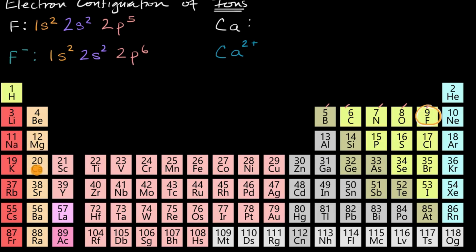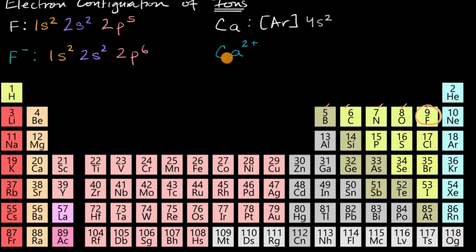The noble gas that comes right before calcium is argon. So it's going to have the electron configuration of argon. And then we are going to have 2 electrons for that 4th shell. It's going to fill in the 4s subshell. And so we're going to have argon, and then let's call this 4s2.